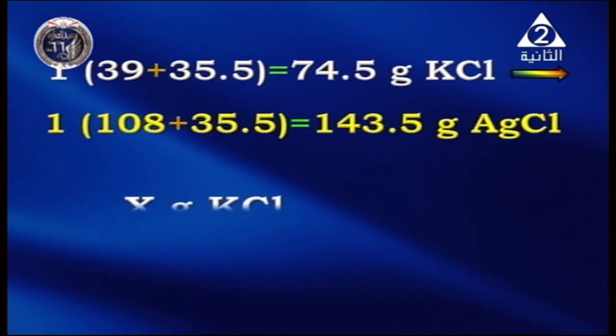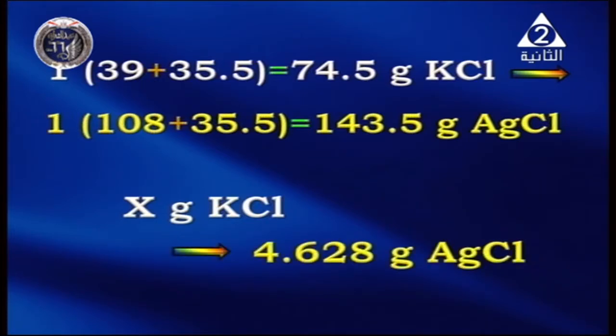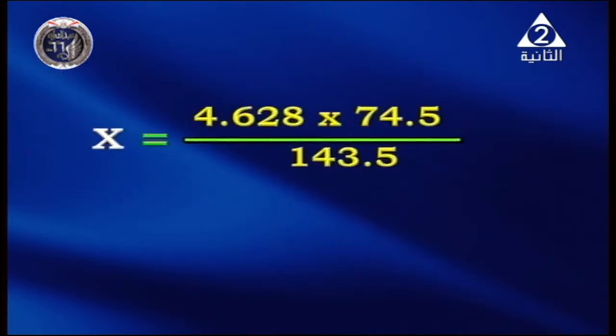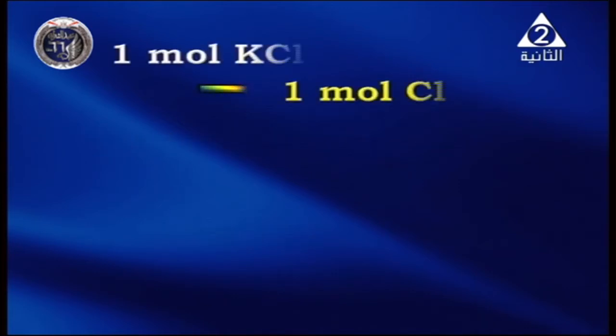silver chloride. So x gram potassium chloride gives 4.628 gram silver chloride. So x equals 4.628 times 74.5 over 143.5 equals 2.4 gram. As we know that 1 mole potassium chloride contains 1 mole chlorine.